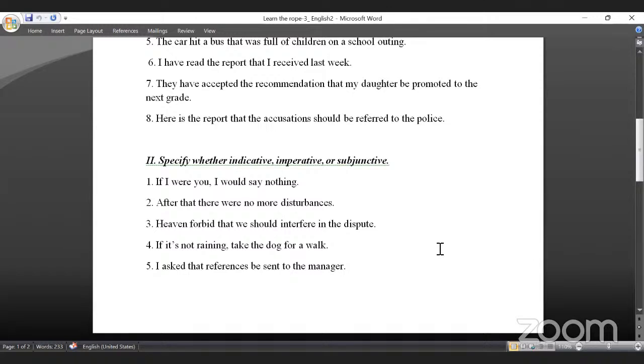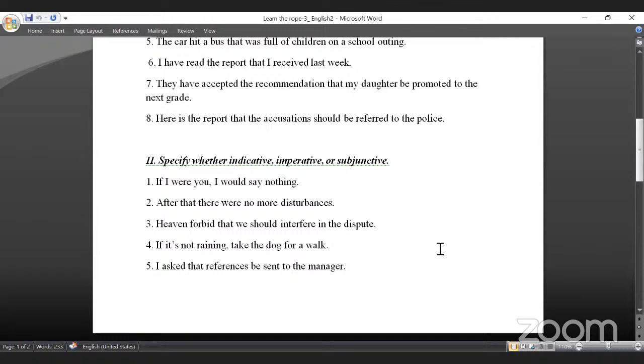In all formal styles, you would see, "If I were you, I would say nothing." The same sentence in informal conversations can change to "If I was you." In that case, the person is still showing a wish, but because it is an informal context, that person has done away with the verb part and put "was." So two things here, don't get confused.